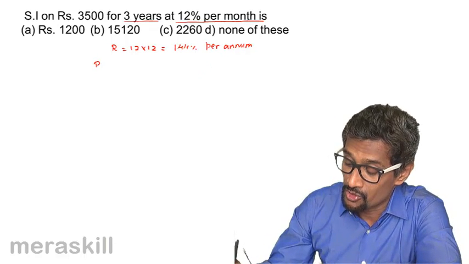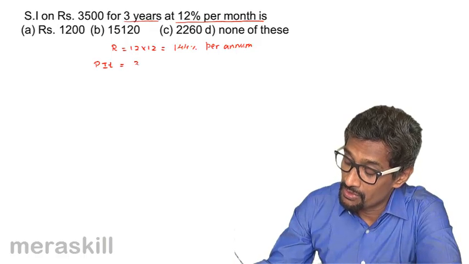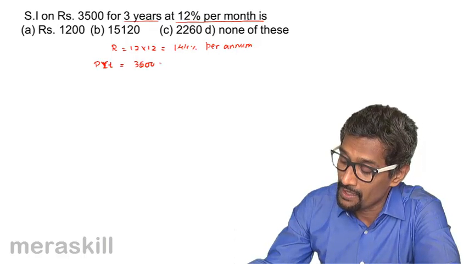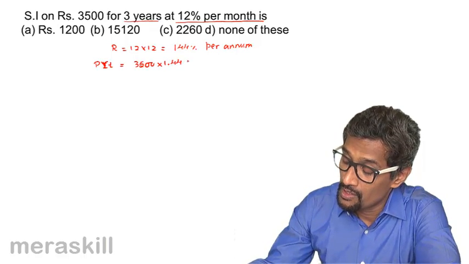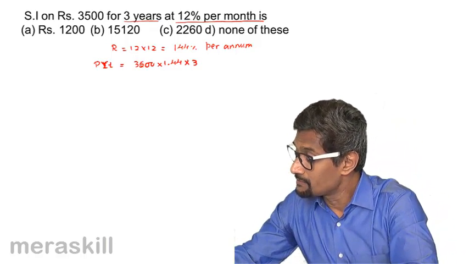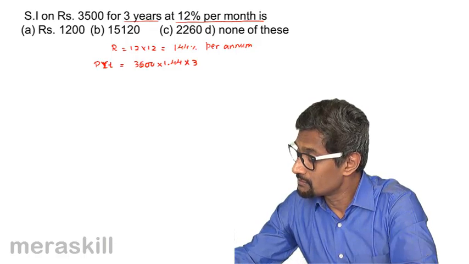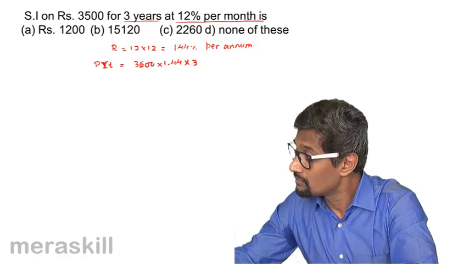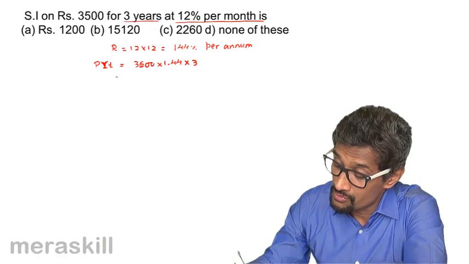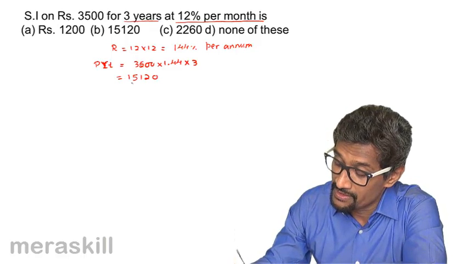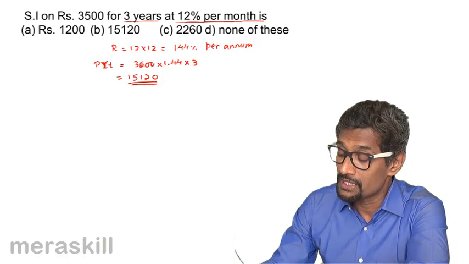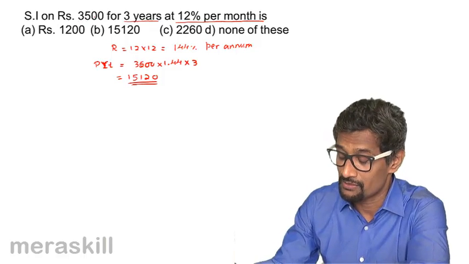So in that case, it's going to be PIT, which is going to be 3,500, and I can be written as small r, and this is going to be 144 by 100, which is 1.44, into 3 years. So PIT turns out to be 15,120. Of course, it's almost unbelievable that somebody would pay interest of 15,120 on rupees 3,500.